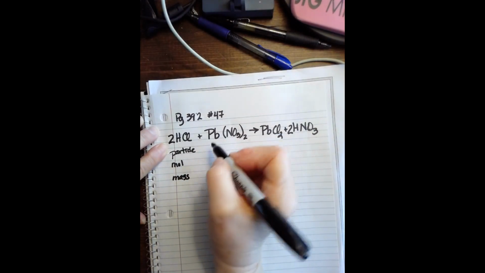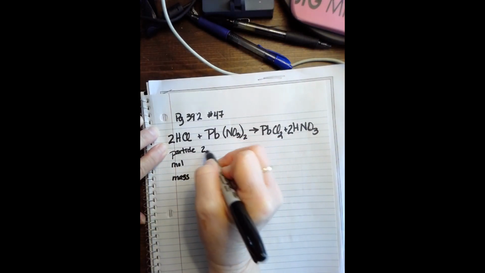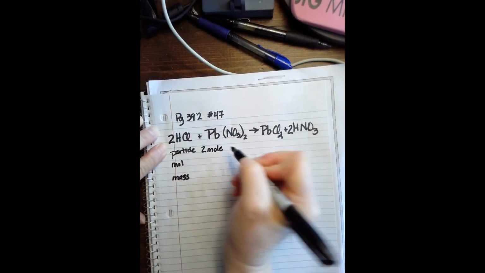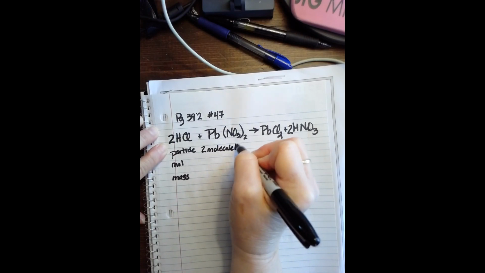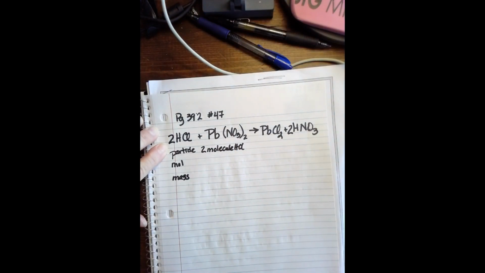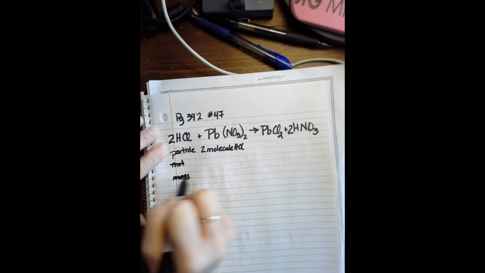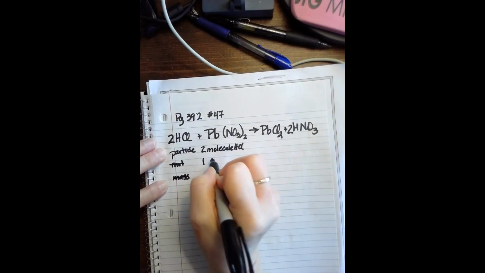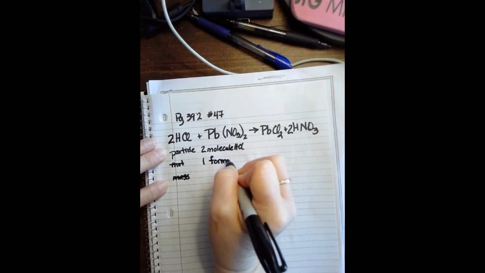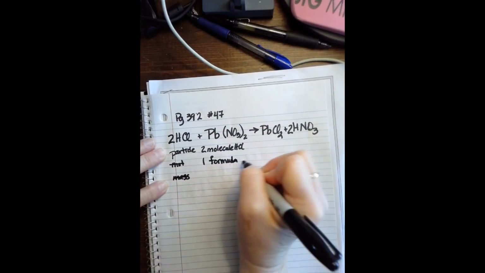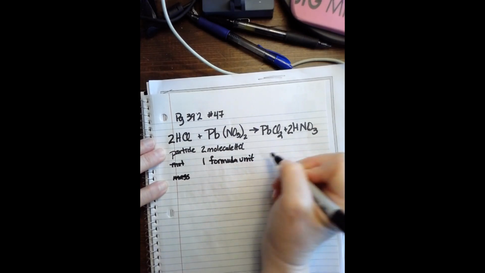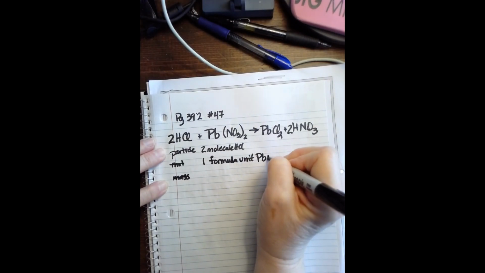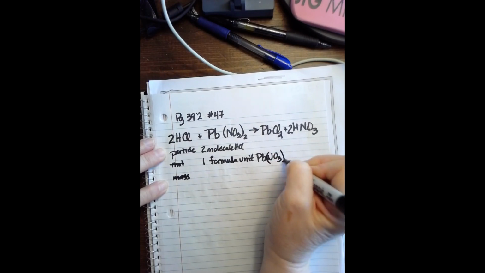So let's get that done. This means that we have 2 molecules of HCl. I am going to run out of room, so I'm going to write them in a list like this. 2 molecules of HCl, 1 formula unit of Pb(NO3)2.